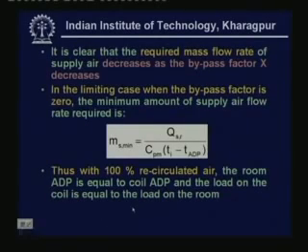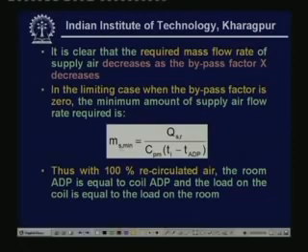In the limiting case, when the bypass factor is 0, the minimum amount of supply air flow rate required is given by this equation: sensible heat load on the building divided by the specific heat of the moist air multiplied by (Ti minus TADP). So, this is the minimum amount of supply air required.